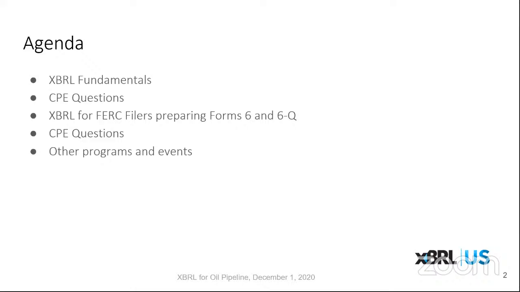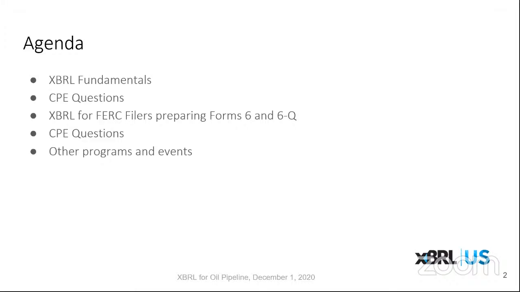We'll then follow up with some final CPE questions and then talk about some other programs and events that might be of interest. I do want to mention that our key speaker today is Campbell Pride. Campbell is our president and CEO at XBRL US, and Campbell was intimately involved in developing the FERC taxonomies. He also helped develop the taxonomies that are used today by SEC filers reporting to the SEC.